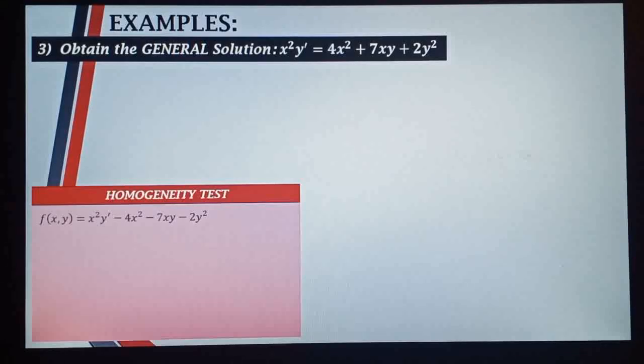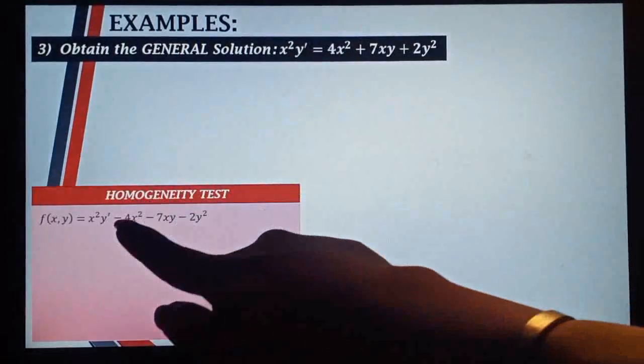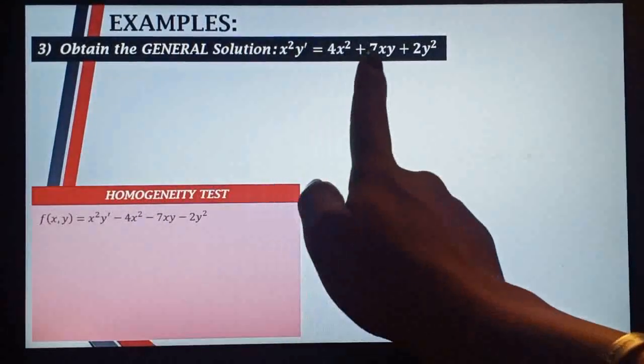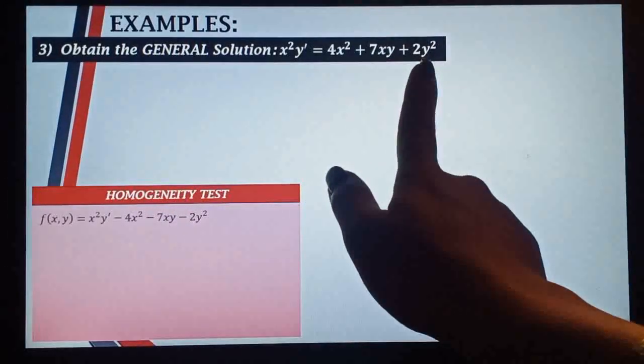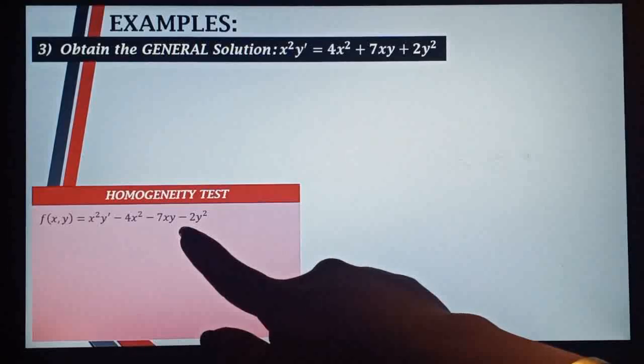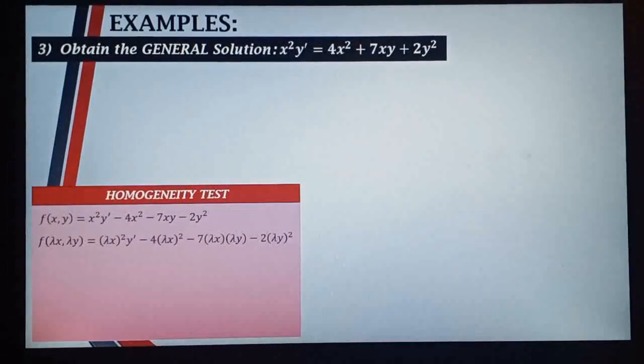So the homogeneity test, yung equation mo will be x squared y prime, then transposing this to the other side, you will have negative 4x squared. Then this one, negative 7xy. Then this term, you will have negative 2y squared. So papalitan natin ng lambda x and lambda y.